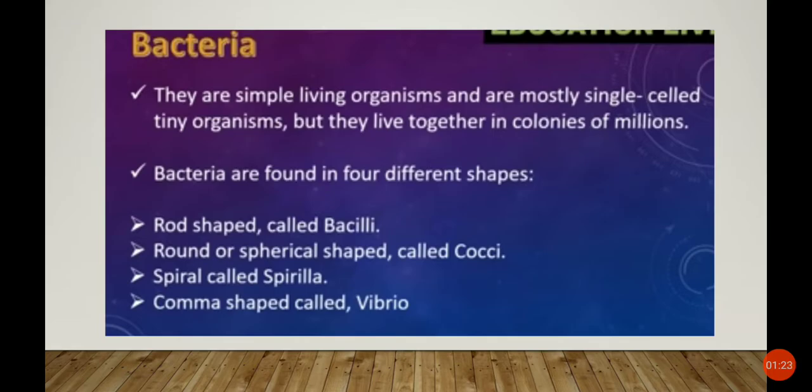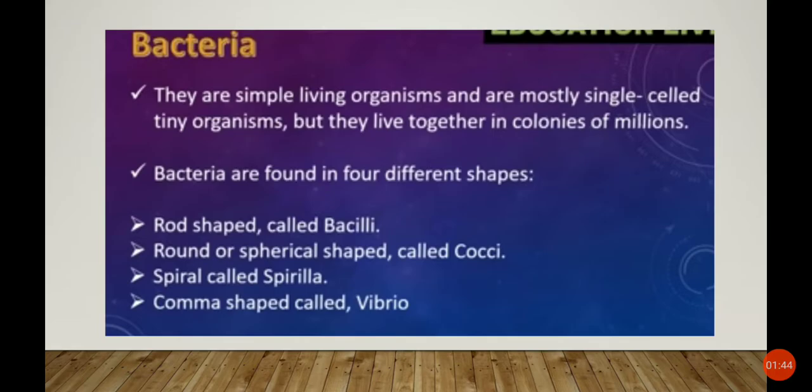They are simple living organisms and are mostly single celled, meaning unicellular. They are tiny organisms, but they live together in colonies of millions. Bacteria are found in 4 different shapes.